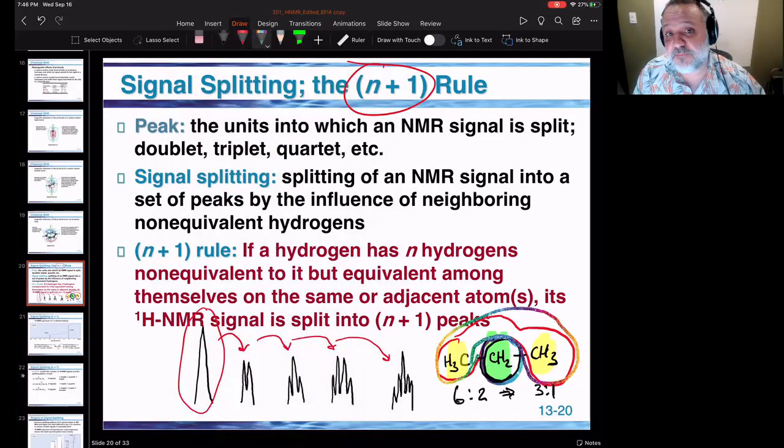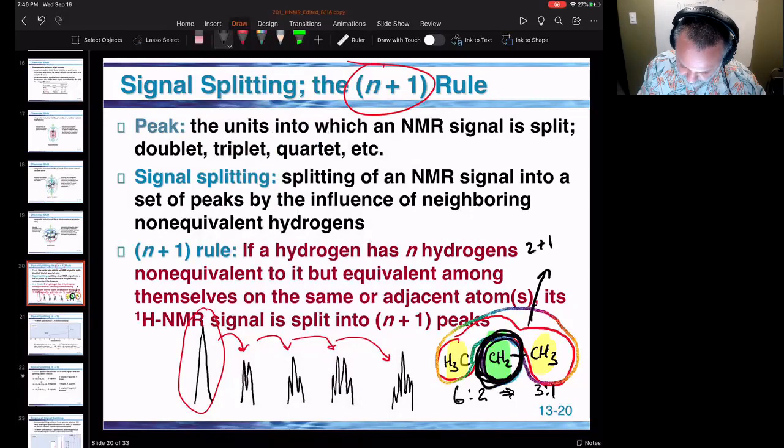And the splitting pattern of the signal will be based on the number of hydrogens on the adjacent carbon. And so follow me along here. How will this one be split? Well, how many are adjacent to it? There's 2. 2 plus 1 equals 3. So this signal for the 6 hydrogens should be a triplet.